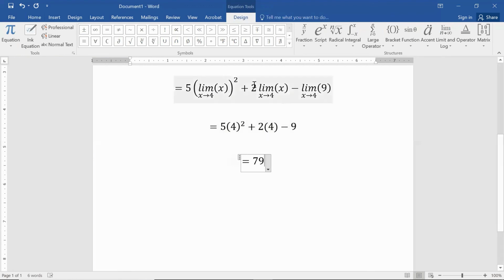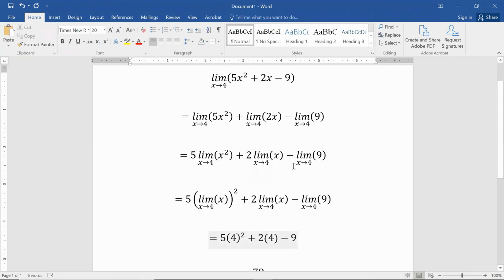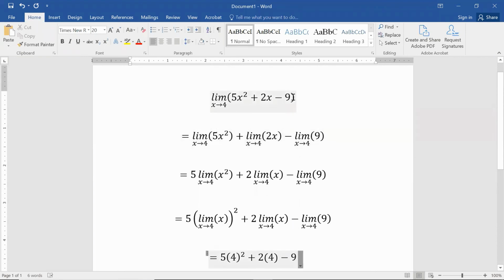So there we go. That's how we could use those basic properties to find this limit. Notice that this was a fairly easy process to do. And once you get good at it, you can say, oh yeah, this is a polynomial. You can do a lot of this in your head. This coefficient pulls out front, I'm taking the limit of x squared. This coefficient pulls out front, taking the limit of x, minus limit of 9, that's just a constant.